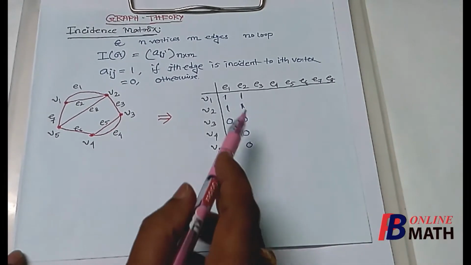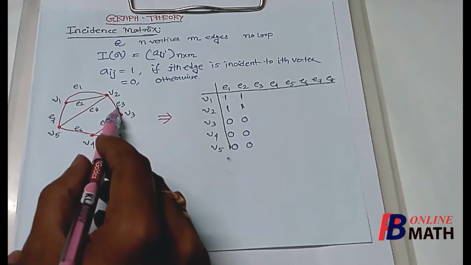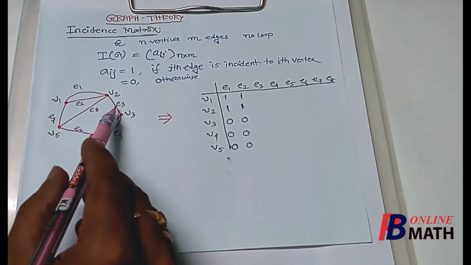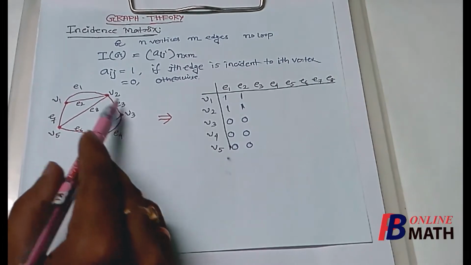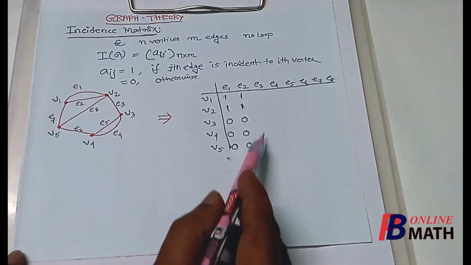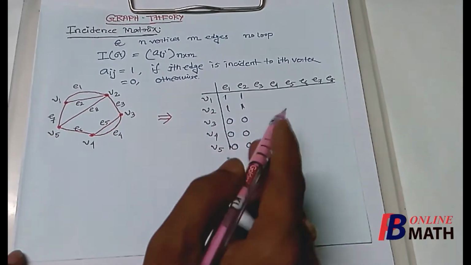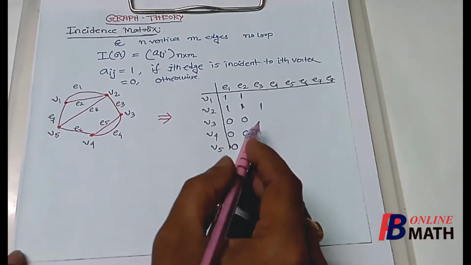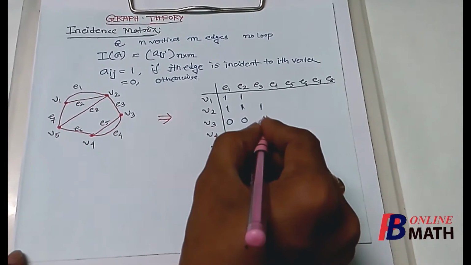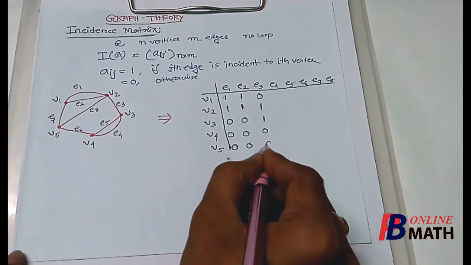Next we consider E3. Now if we consider this E3, then E3 is incident to both V2 and V3. So in the column of E3, we shall put 1 in the row of V2 and we shall put 1 in the row of V3, and we shall put zeros for the remaining elements.